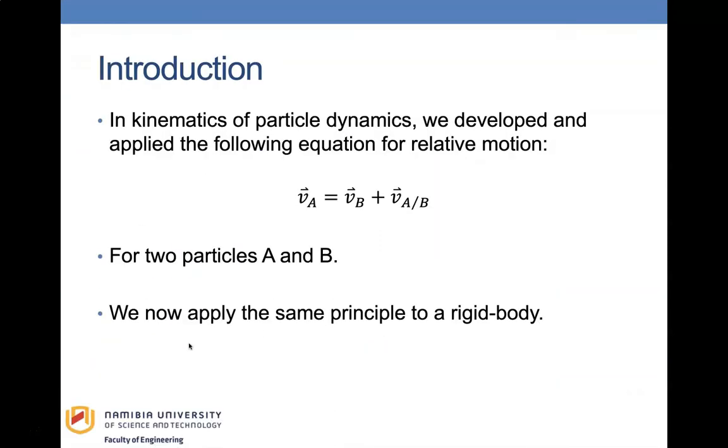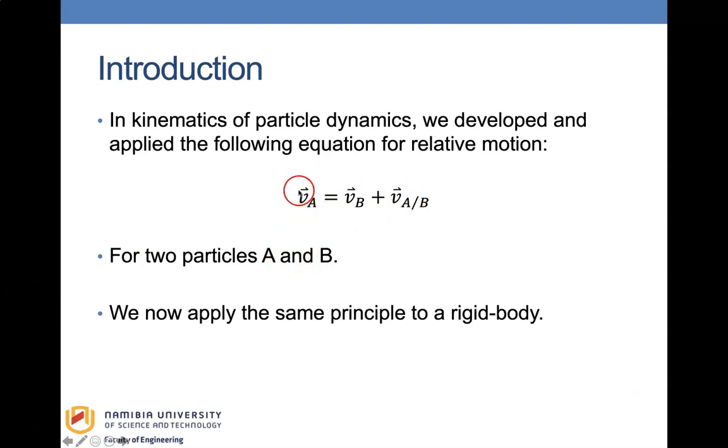So in relative velocity analysis, if you remember in kinematics of particle dynamics, we developed and applied this equation using two particles, A and B, that are moving relative to one another.